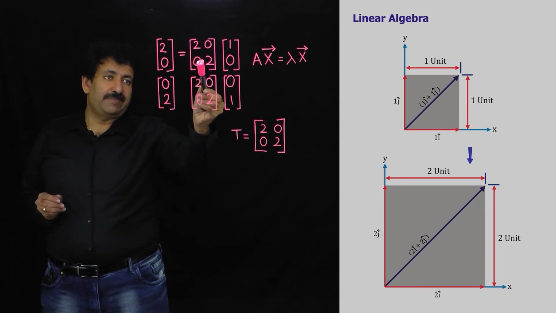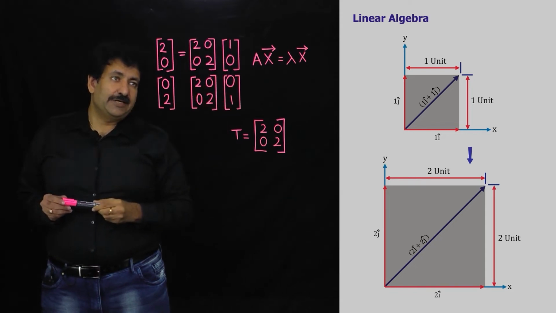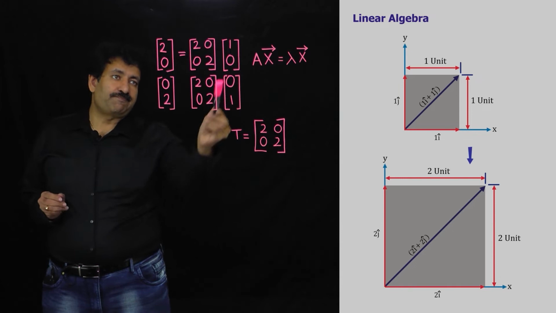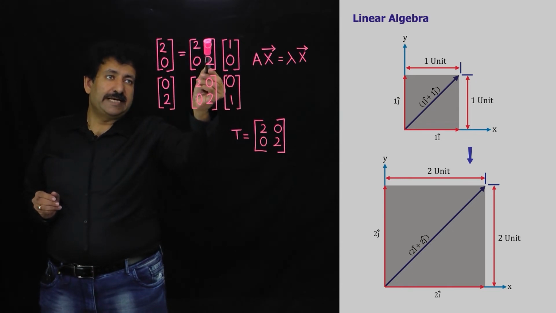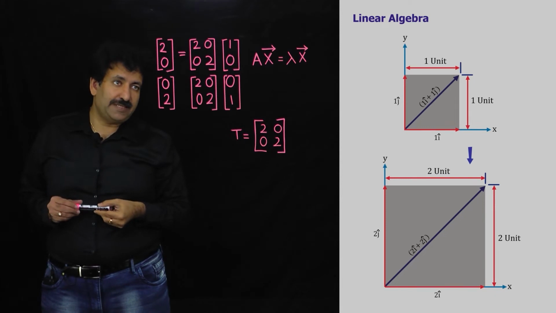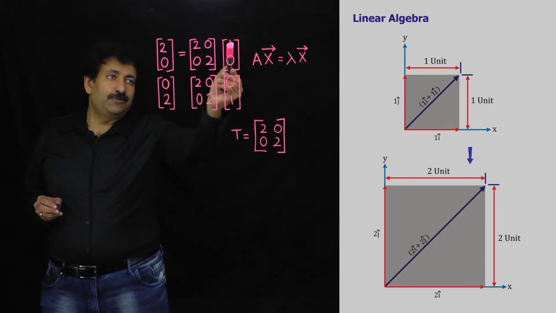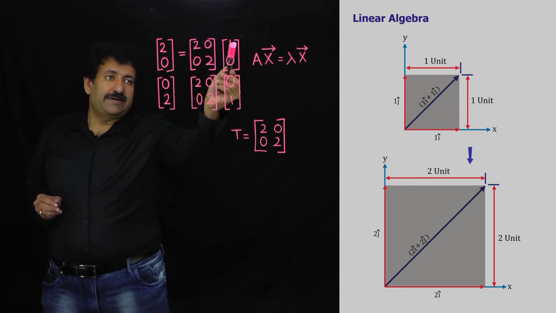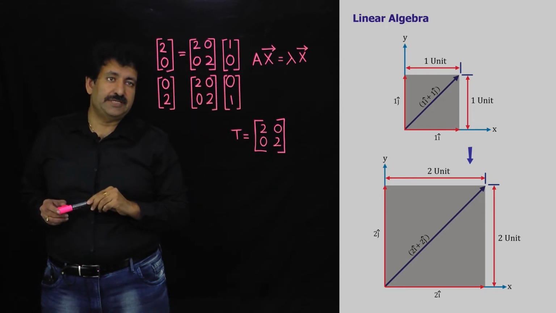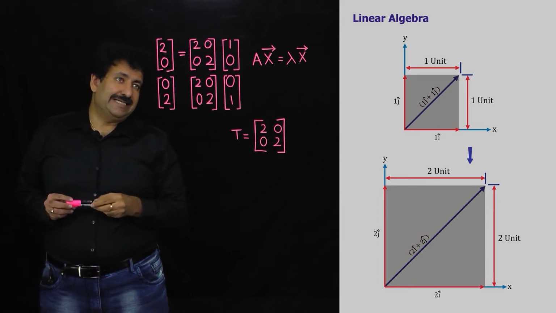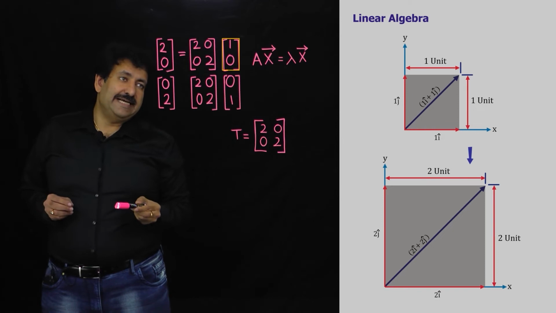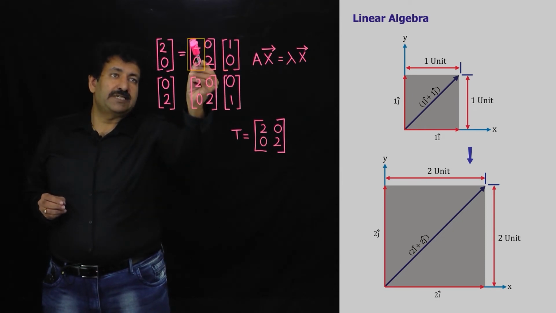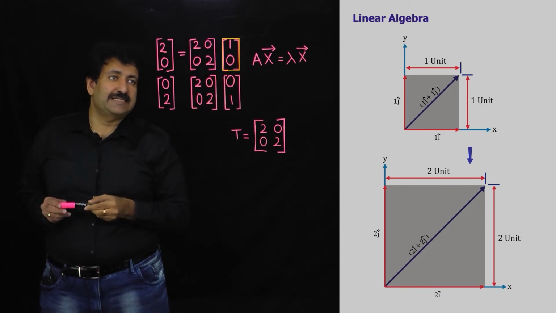When this transformation matrix operates on this, going by the basic multiplication, of course when I multiply row by the column, it is nothing but the dot product, and when I do that, I get 2 into 1 plus 0 into 0, I get 2, and when I do that for the second row, 1 into 0 plus 2 into 0, that turns out to be 0. That means very clearly this particular vector is being scaled by the first column. That is, this column is scaling this particular x vector.